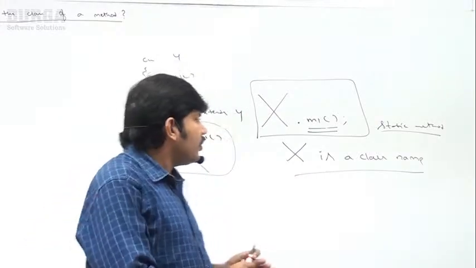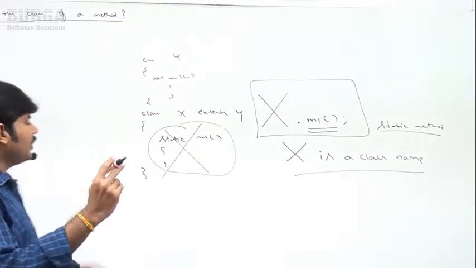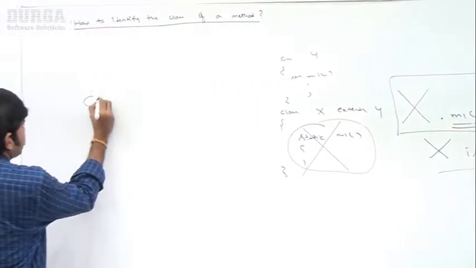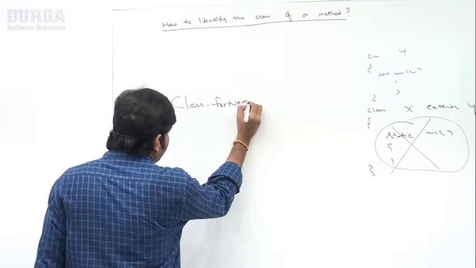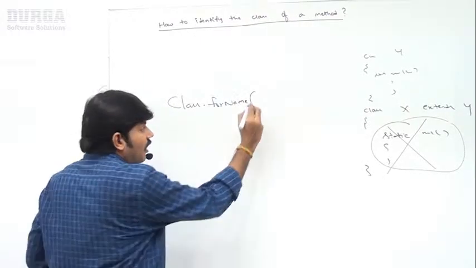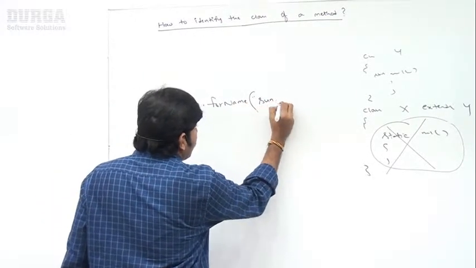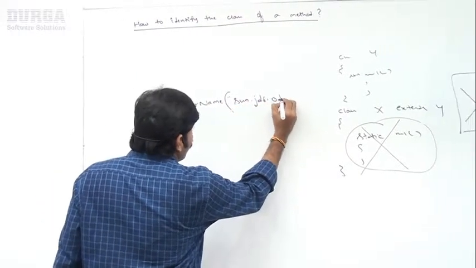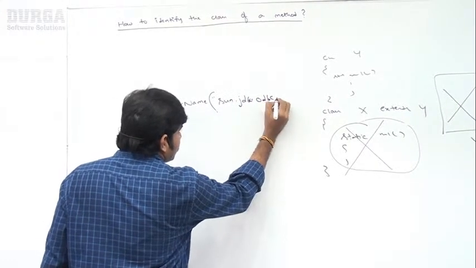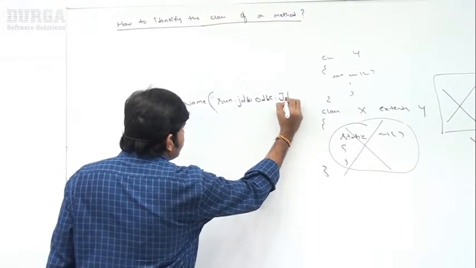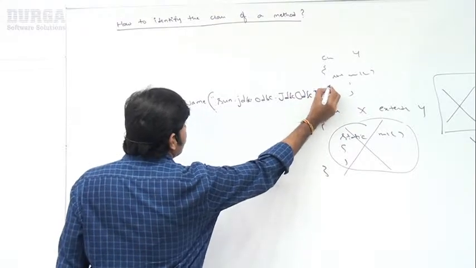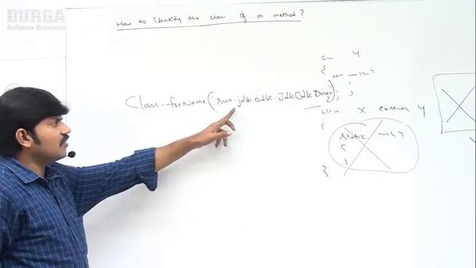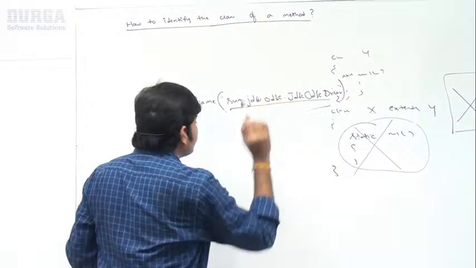Sir, now in our JDBC, I called this several times. Have you observed? Class.forName("sun.jdbc.odbc.JdbcOdbcDriver"). Sun.jdbc.odbc is a driver class name, sir.